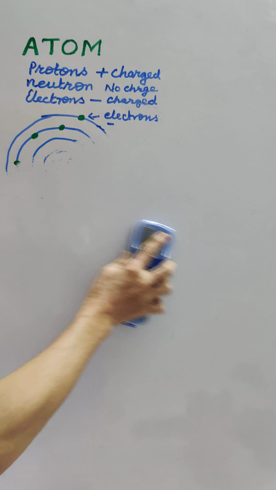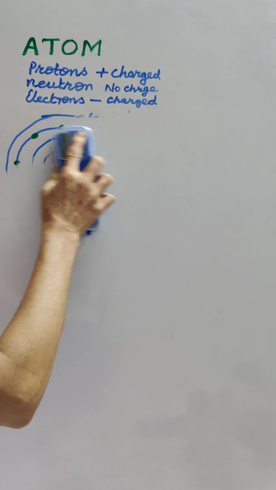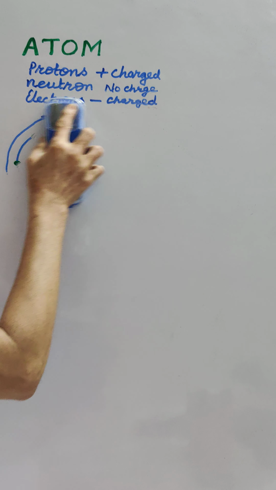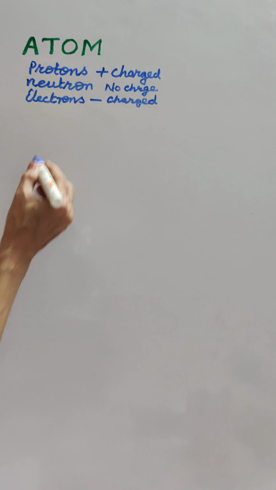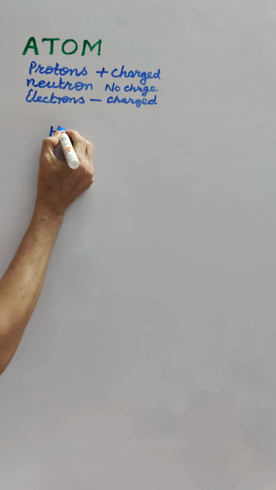Hydrogen cannot remain as a single atom since it has only one electron in its outermost orbit, so it will be difficult for it to sustain. That is why one atom of hydrogen joins with another atom of hydrogen to form a molecule.